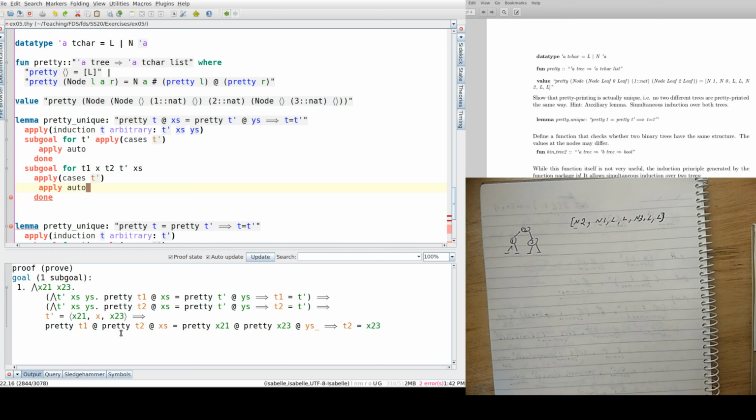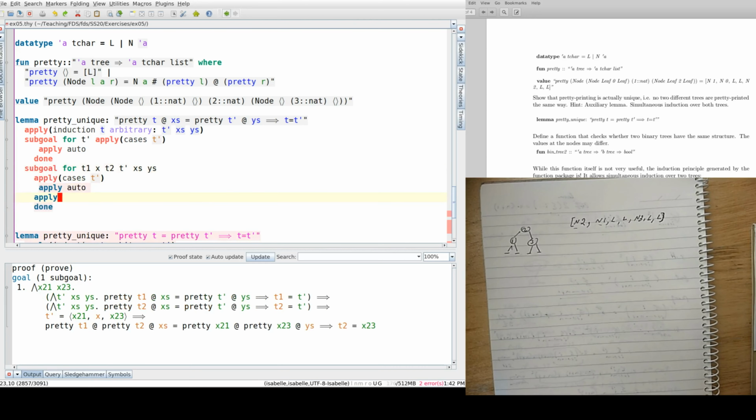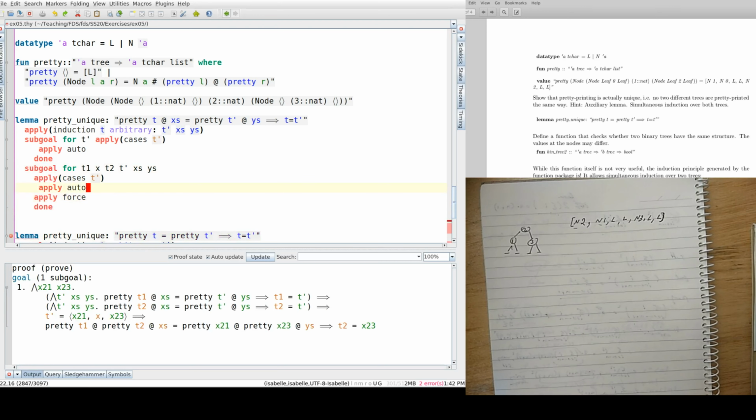T2 equals 23, and this is T2. And so here we need two steps actually. We need two logical steps. Let me just take a risk and try force and see if it will do it. Yeah, it did it.